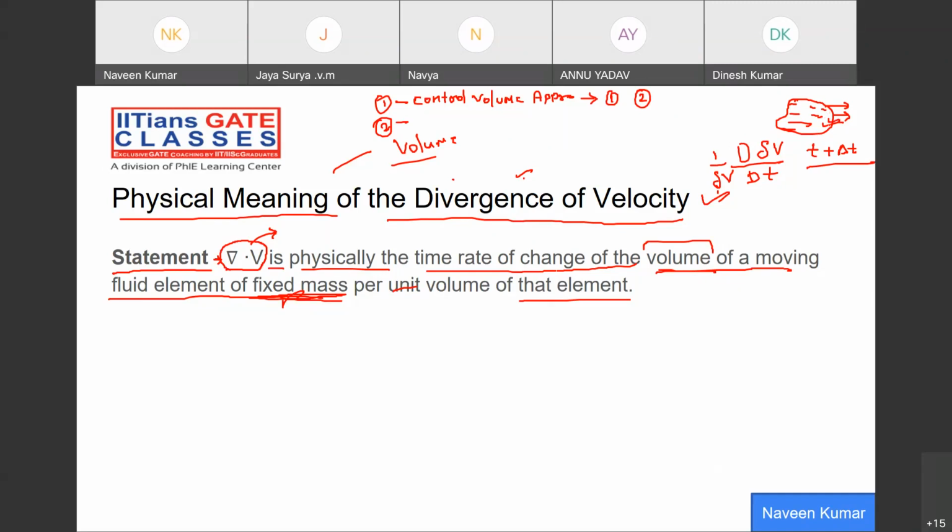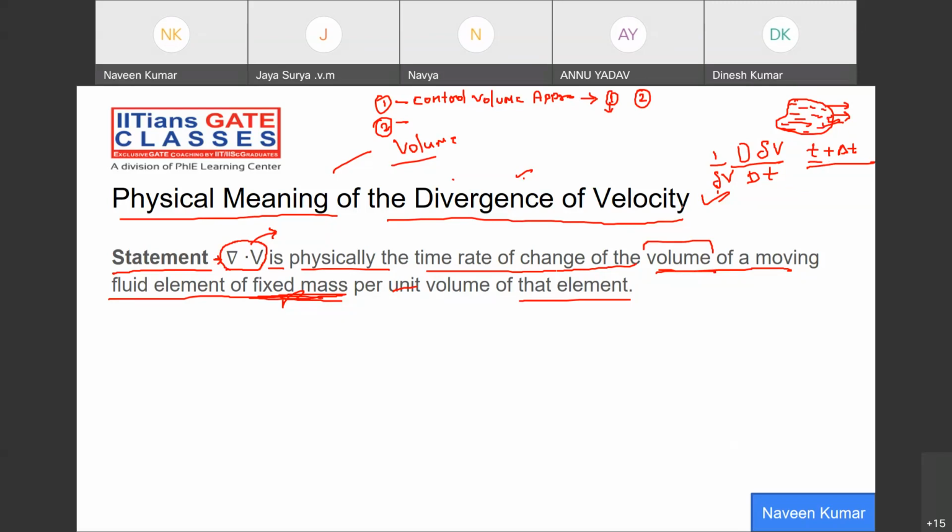Right? No, sir. Why? Because elements are changing, their mass is changing. No. Mass is not changing there. For the first case, it is changing, definitely. But for the second case, mass is not changing. At time t, the same fluid element was there. At time t plus delta t, the same fluid element was there.